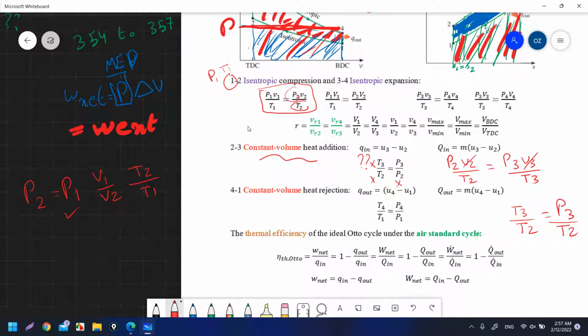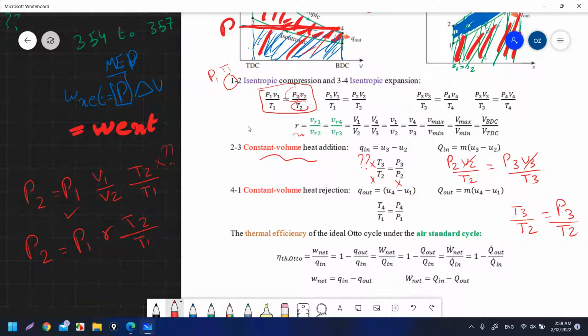I have P1 and I also have V1 over V2, because it is the compression ratio, the maximum volume over the minimum volume. I also have T1. The problem is in T2. So let's write P2 in terms of the compression ratio: P1 r T2 over T1.